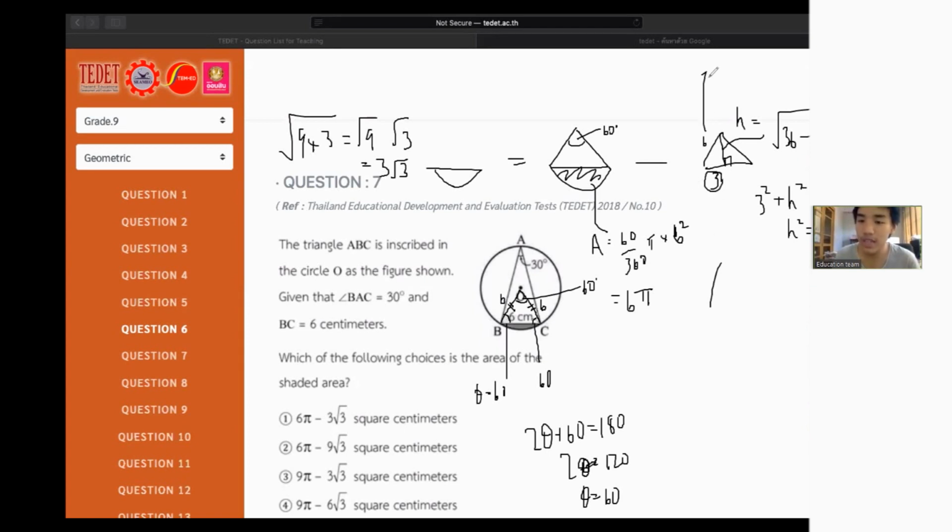So the area of this would be half base times height: half of the base is 3 and the height is 3 root 3, so from that you get 9 root 3. The area of the triangle here is 9 root 3 and the area of the sector is 6 pi. So we have 6 pi minus 9 root 3. So you get question 2.